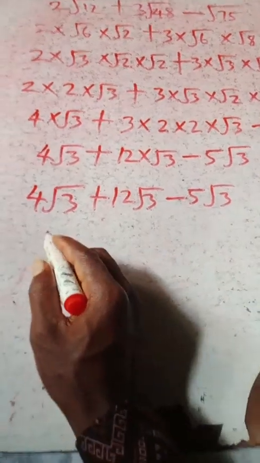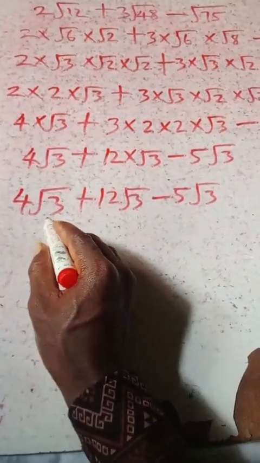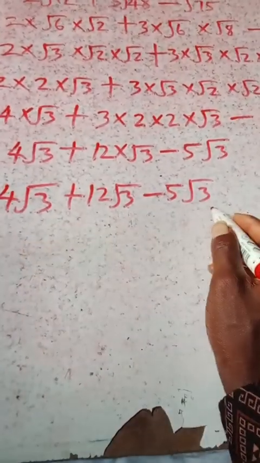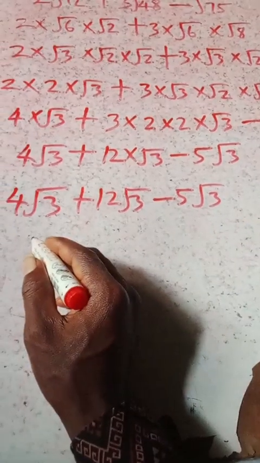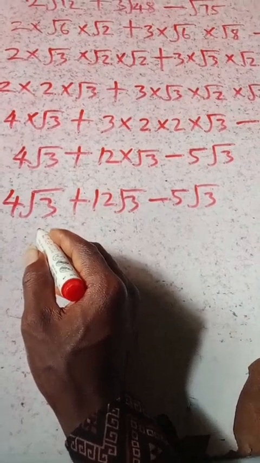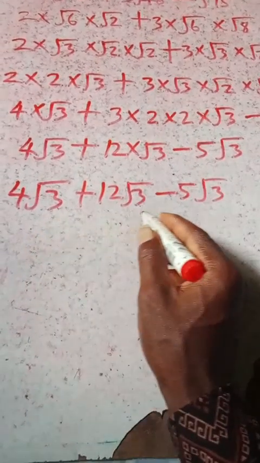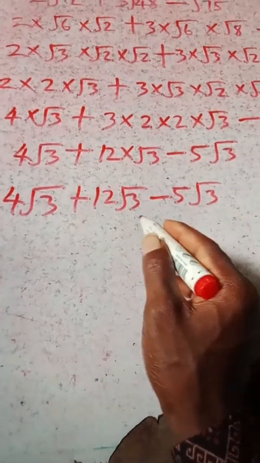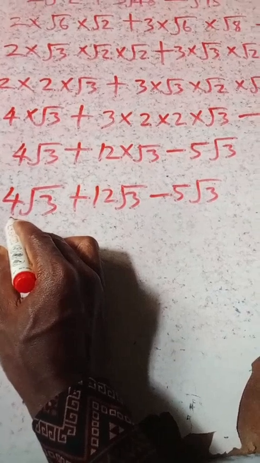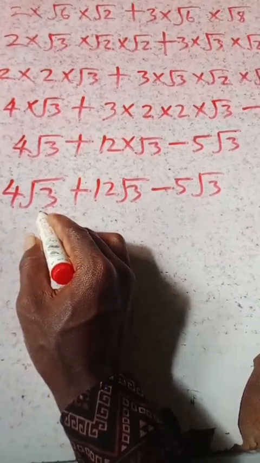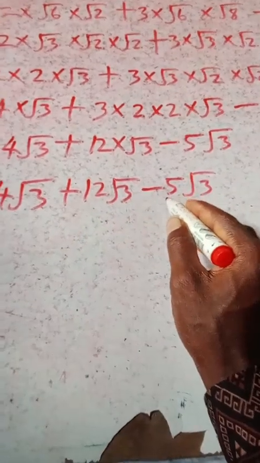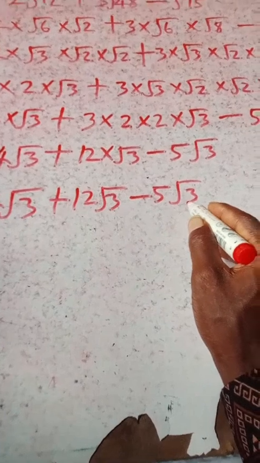Okay, so at this point you can see that the roots are the same. In our previous class, when I was talking about the rules of surds, I told us that when the roots are the same, you can add them, you can subtract them, you can also divide them. So now the roots are the same. Here we have 4 of root 3 plus 12 of root 3 minus 5 of root 3.